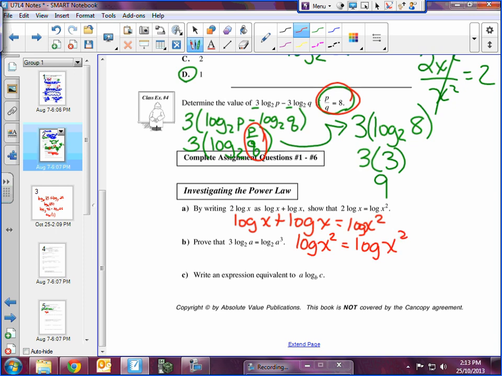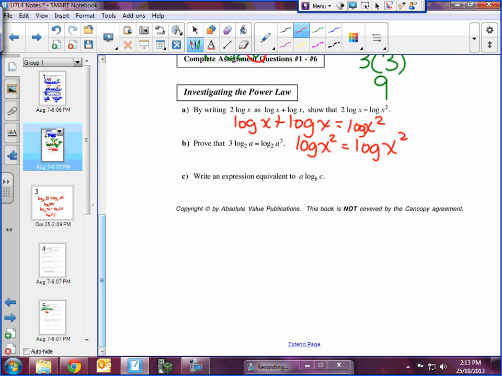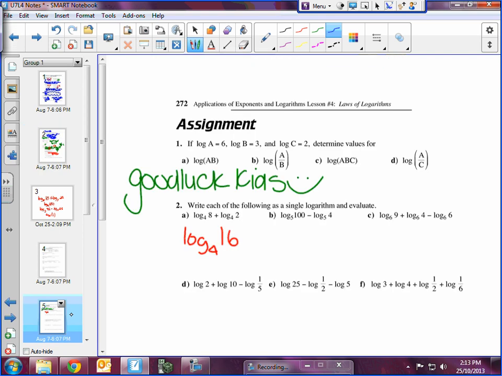So some questions will get you to prove that some things are equal or show that they're not equal. So prove that 3 log of a base 2 equals log of a cubed base 2. Same idea here. If I have something times 3, I add it to itself 3 times.